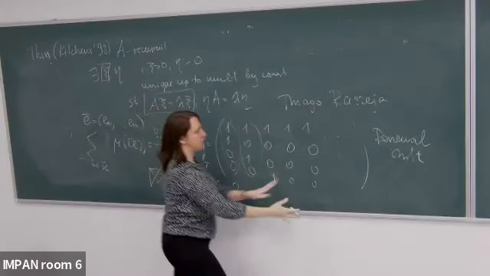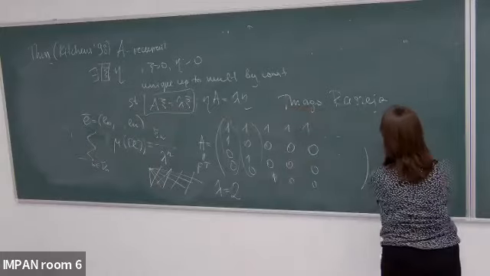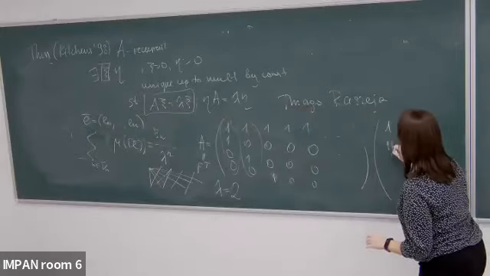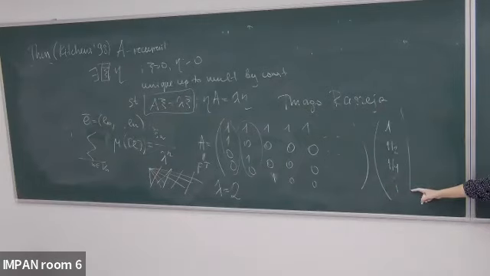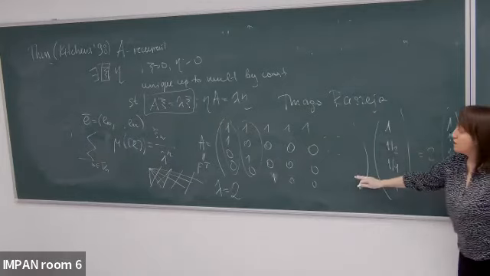And then it's easy to check that the corresponding right eigenvector will be 1 over 2, 1 over 4, and so on. This will give us a finite invariant measure. So here we don't need anything.